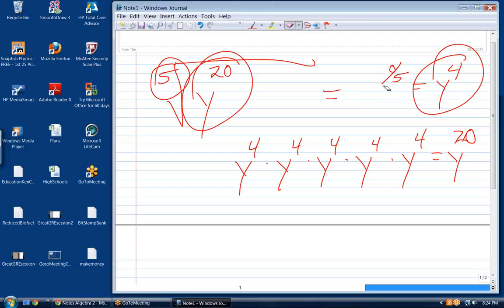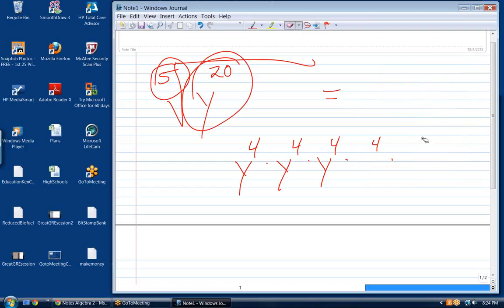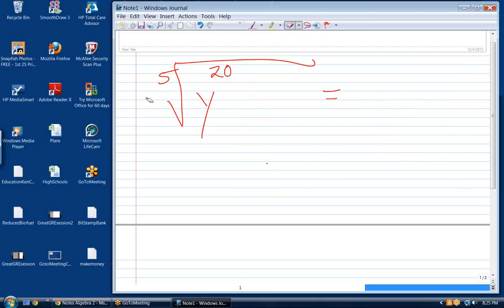Now, the other way to do that, obviously, is to just take out, in other words, the difficult question would be this one. What is that equal to? Y to the 21st over 5. Right, but we wouldn't want to express it as that.